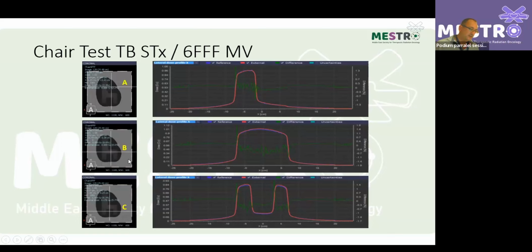And profile B just corresponds to a homogeneous dose distribution. So I get an excellent comparison between Eclipse and Primo, and that allows us to verify our physics parameters like MLC transmission and the corresponding DLG, dose leaf gap.